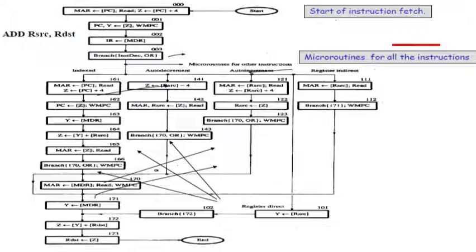This figure shows the flowchart of the instruction add R source, R destination. Each box in the chart corresponds to a micro instruction that controls the transfer and operation indicated within the box. The micro instruction is located at the address indicated by the octal number above the upper right hand corner of the box.